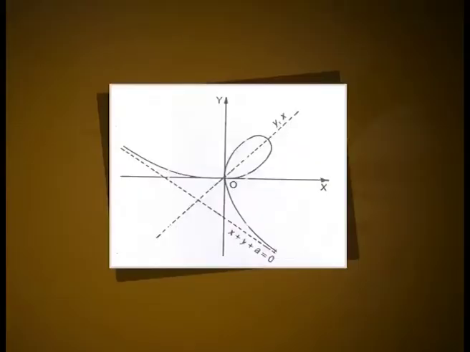As theta increases from 3 pi by 4 to pi, r remains positive and decreases from infinity to 0, so that the point describes the part of the curve shown in the second quadrant. It is easy to see that we do not get any new point on the curve when theta increases from pi to 2 pi. The curve is traced in figure 7.